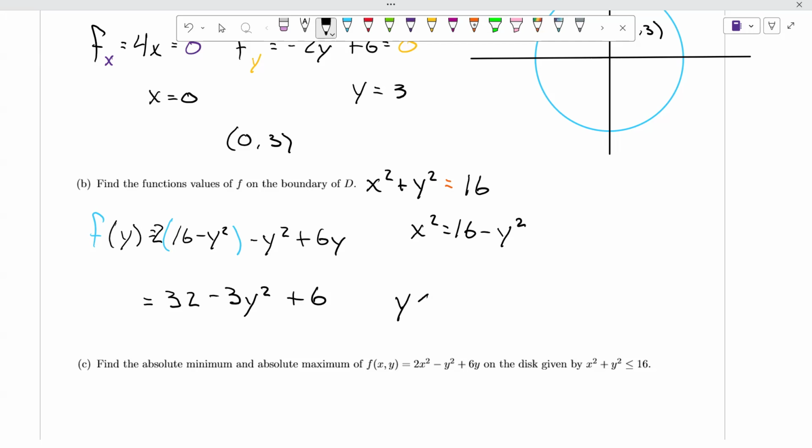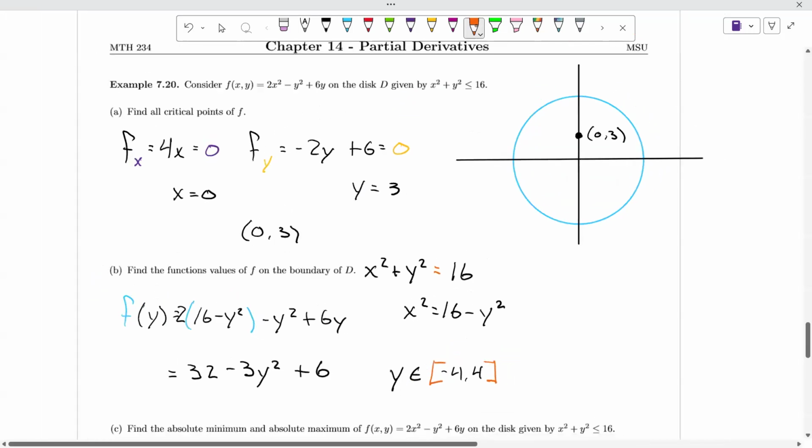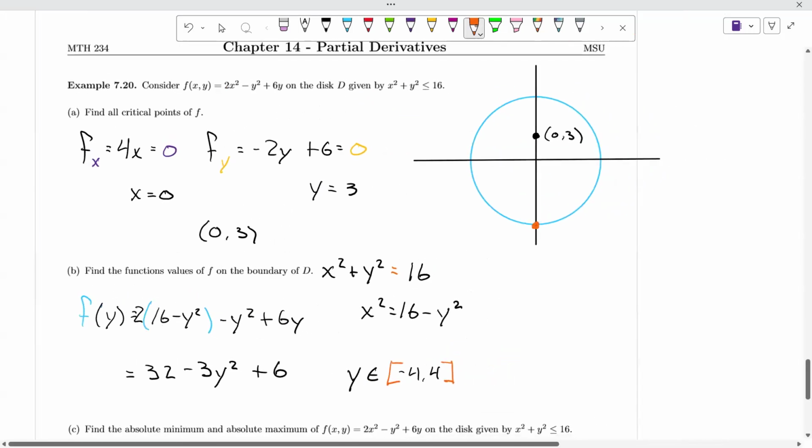So y needs to be in the interval -4 to 4. So the two boundary points I should be looking at are at the top and the bottom of my circle. 0, 4, and 0, -4.